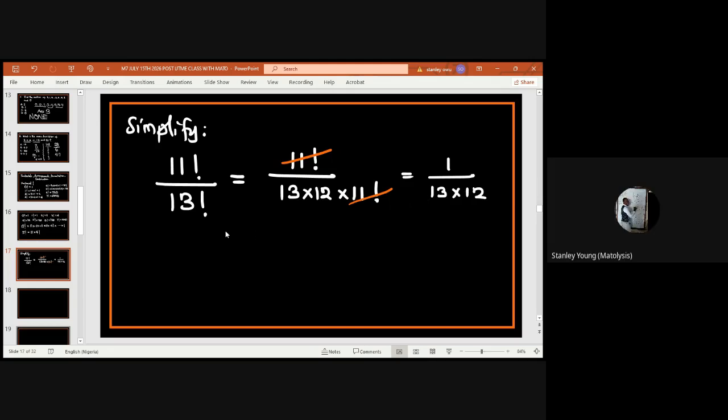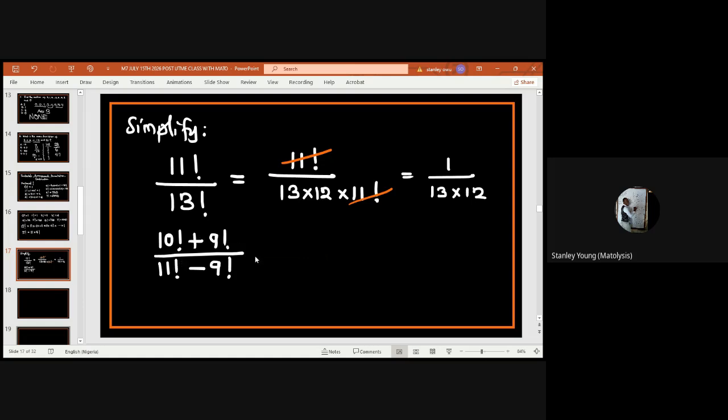Okay, good. So similarly, if I have something like, let's say they give me 10 factorial plus 9 factorial, then divided by 11 factorial minus 9 factorial, and somebody is asking us to simplify this.